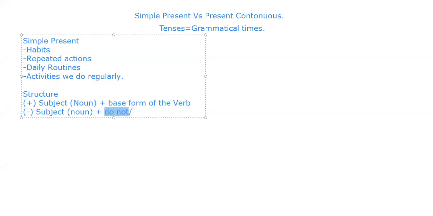I'm going to put the contraction because I'm going to assume that you understand the contractions. Do not, does not. Don't, doesn't, plus the base form of the verb.